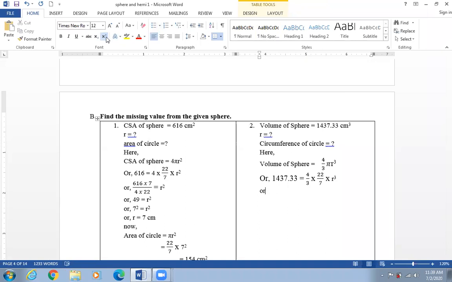We just have 3 minutes left now. So 1437.33. The 3 will multiply this side, and 7 will go this side. Multiply on both sides becomes divide.